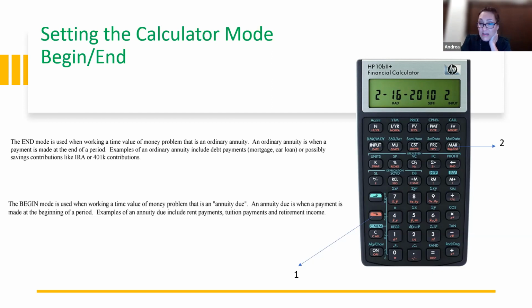Another thing: if they have a case question and say your client is going to start getting income in retirement, then anytime we see income coming to your client in a case, it's always beginning mode. Anytime they're doing investments, it's usually end mode, as a general rule of thumb, unless you see otherwise in the question. Yep.